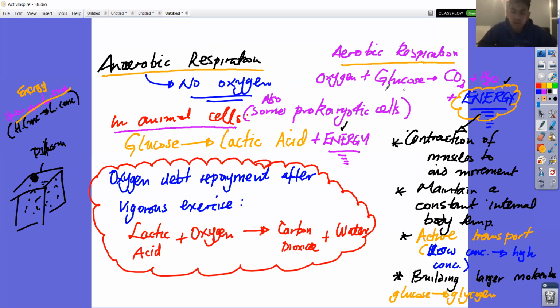So if I use 1 kilogram of glucose in aerobic respiration, and I also use 1 kilogram of glucose in anaerobic respiration, how will the amount of energy produced compare? Just for plants? No, in both. Let's look at both.